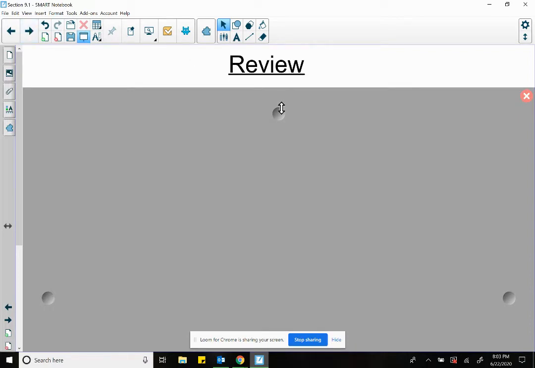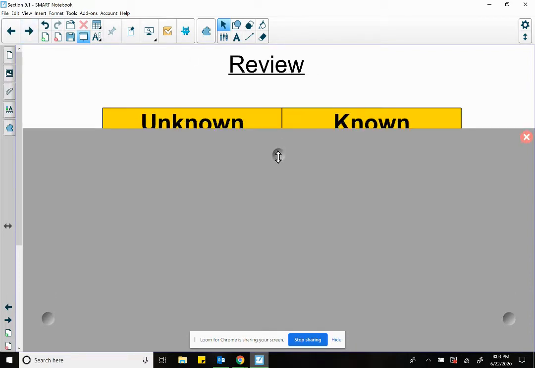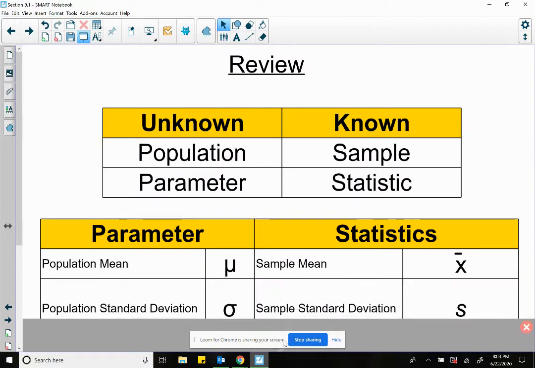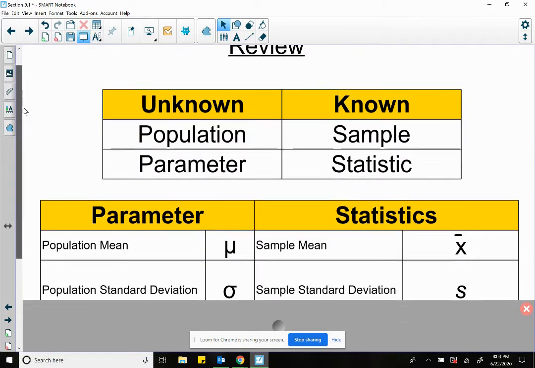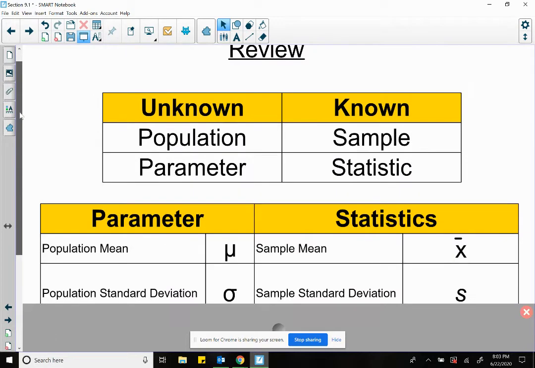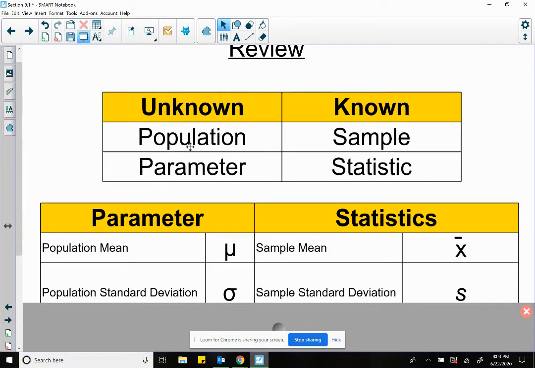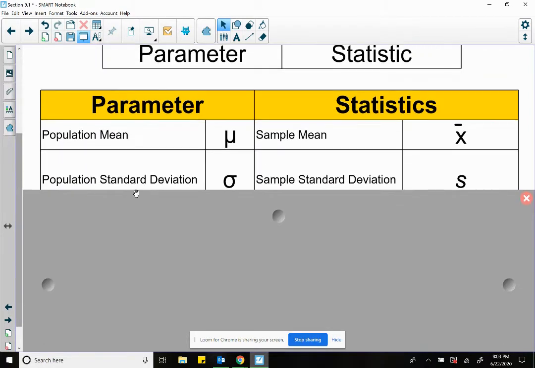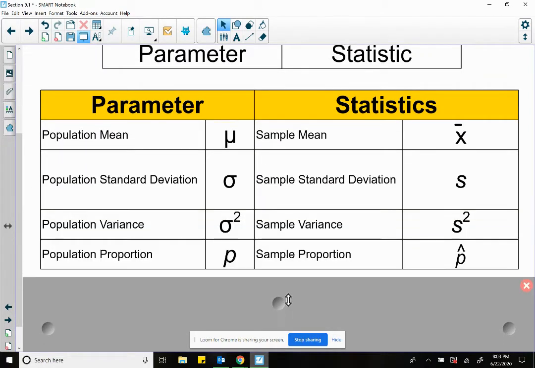So, a couple things in this. You're going to review things that we already know. This fell into us in chapter 7.1, I think, when we talked about how populations and parameters are unknown and samples and statistics are known to us. Then we have these symbols again that you've seen before.